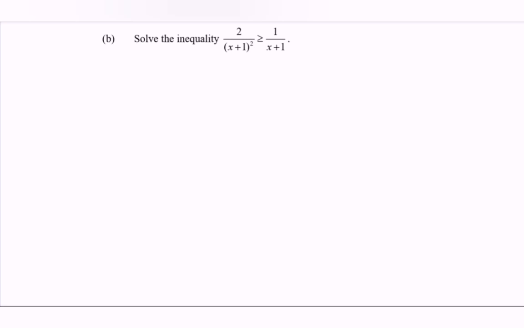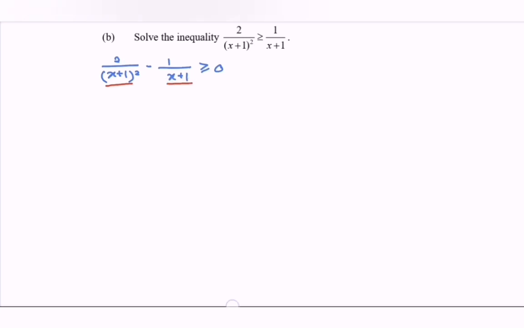So for the B, solve the inequalities. In here we have the situation 2 over (x plus 1) bracket squared. Rearrange the situation where we have minus 1 over x plus 1 greater than or equal to 0. Kindly equate the denominator. Notice that in here we have (x plus 1) bracket squared, here we have x plus 1.